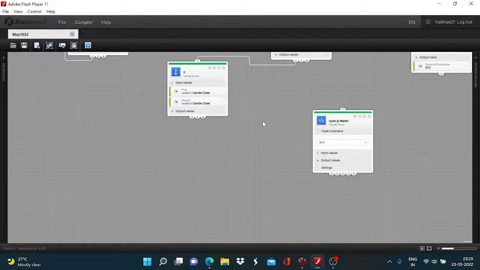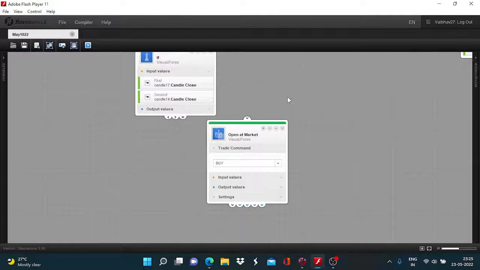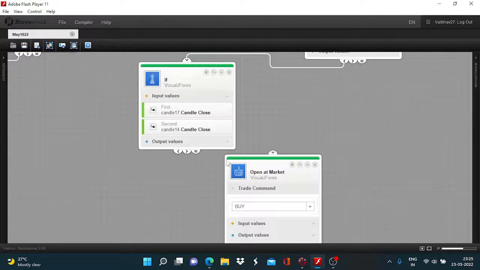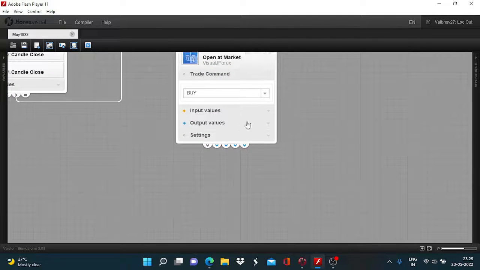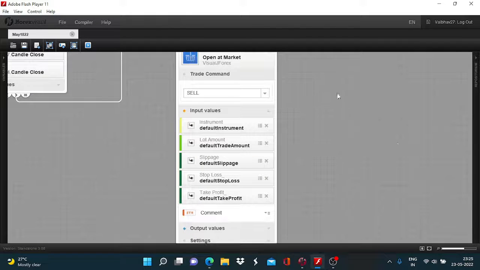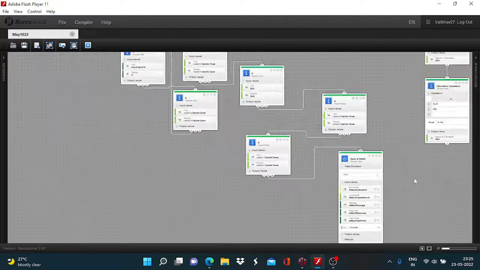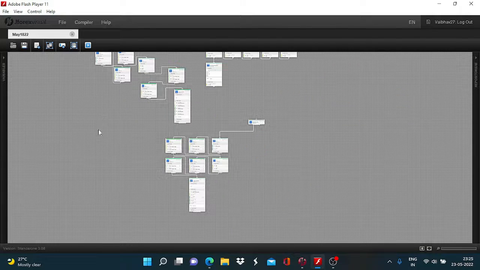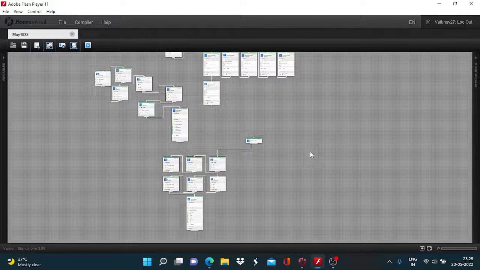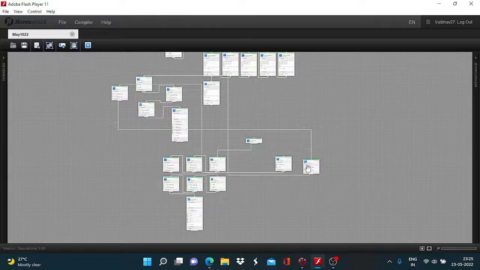So after that, all we have to do is join it to the open at market. First input greater than second input, and then this is going to be a sell trade. Let me place all of these blocks on the lower side, which should not take much time.